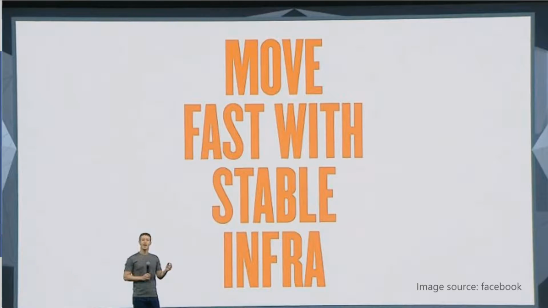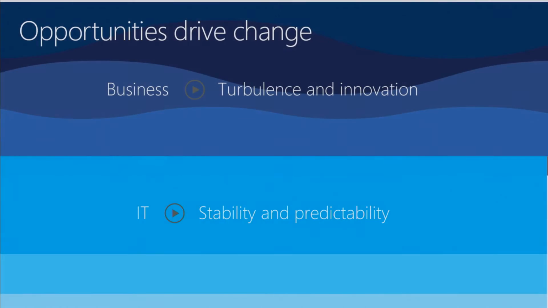What does this really mean? I think it means that one of the most successful businesses on the planet is facing the same challenges that you are facing. And what is the challenge? The business is moving faster than ever, and there's a fundamental tension between what the business wants from IT infrastructure and what the central IT platform can provide. On top of that, it's not just the business.